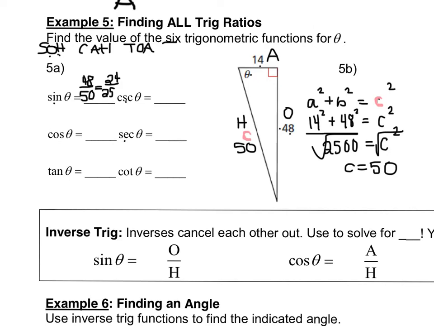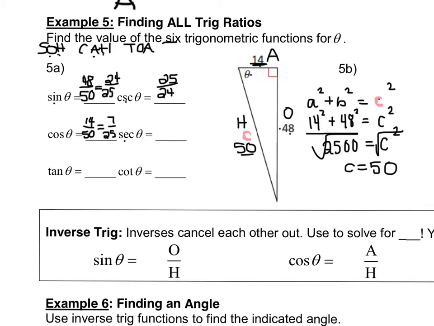Now right away, since we just found sine, let's find the reciprocal, which will be cosecant. So we're just going to take the 24 over 25 and flip it. Next, let's find cosine. Cosine is adjacent over hypotenuse, so 14 over 50. We'll reduce it to 7 over 25.